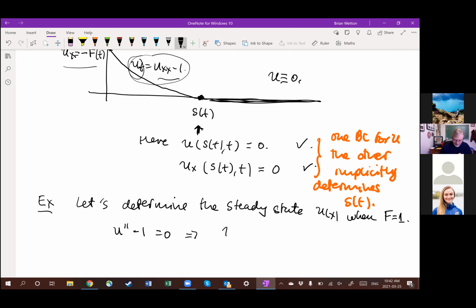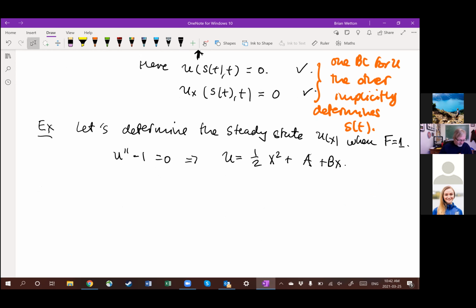That gives U is 1/2 x squared plus some unknown coefficients in front, the integration constants. And I know that u prime at 0 is -1. So that tells me that b is -1.